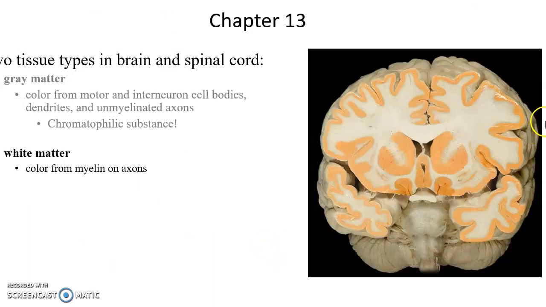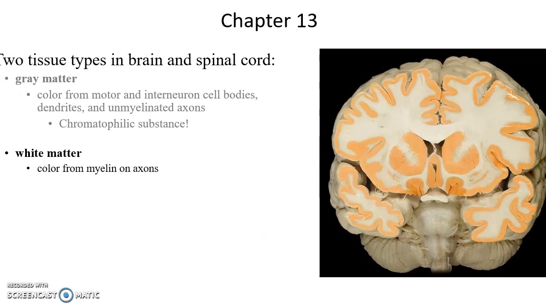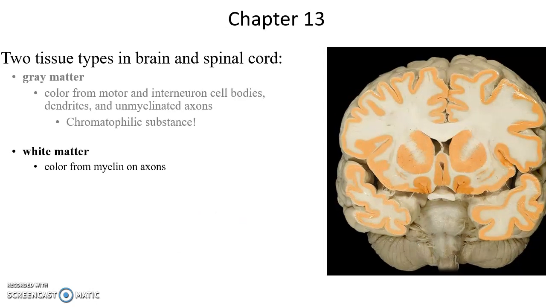All right, when we take a section of the brain, here's a nice coronal section of the cerebrum. We see that there are two types of tissue. There is the gray matter and the white matter. The gray matter is grayish in color. For some reason, this image shows it as orange to make it more obvious, but it's actually a lighter grayish color.